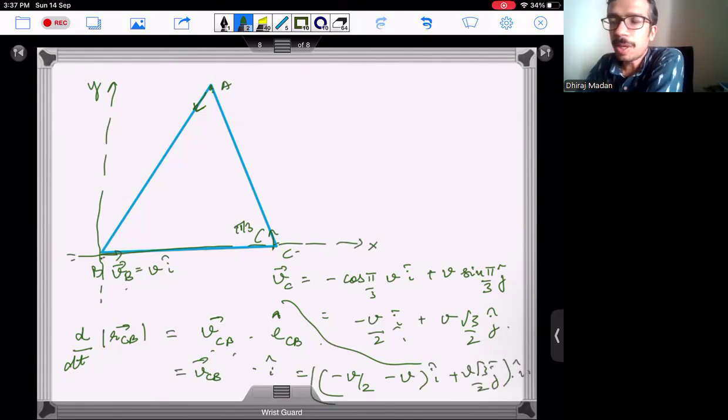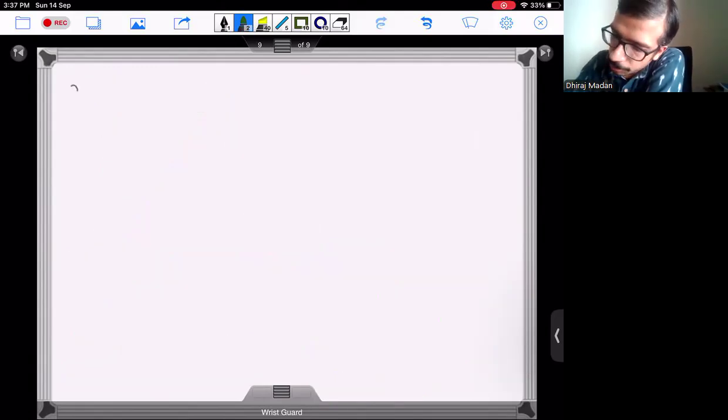So I'm going to take the component along the x-axis and I'll only get this i cap component, which is minus 3V by 2. So d by dt of RCB is going to be minus 3V by 2.